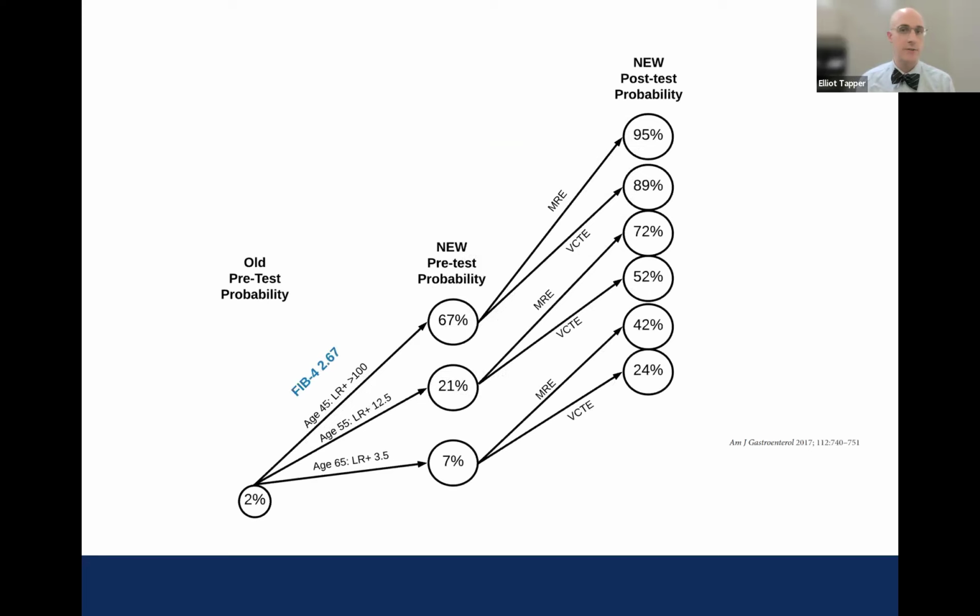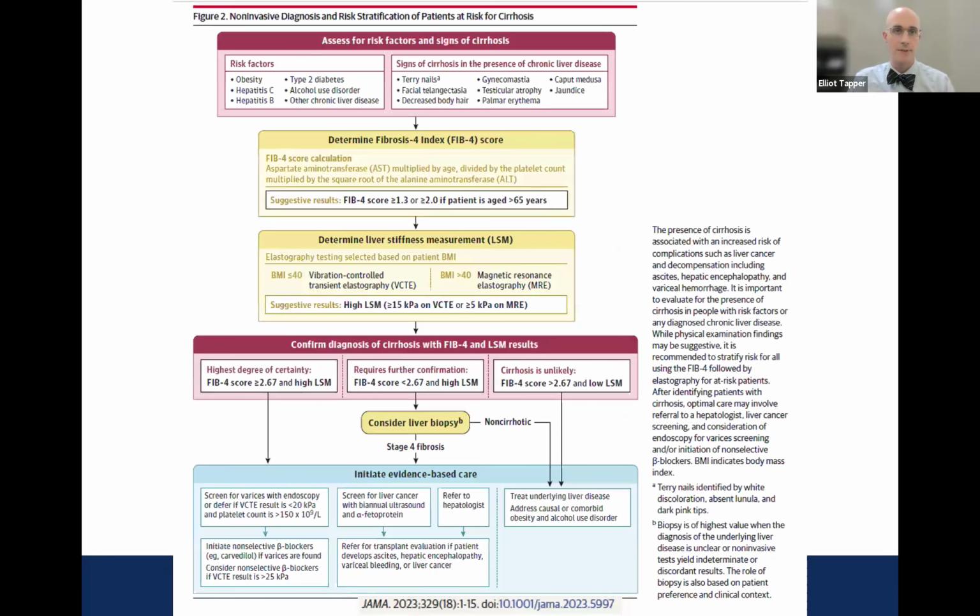And based on the test characteristics of magnetic resonance elastography or vibration-controlled transient elastography, you can arrive at a place that approximates clinical certainty. And it is for this reason that in hepatology clinic, we'll use these sequential tests as a way of assigning people into the buckets of high risk, advanced fibrosis, or not, even without a liver biopsy.